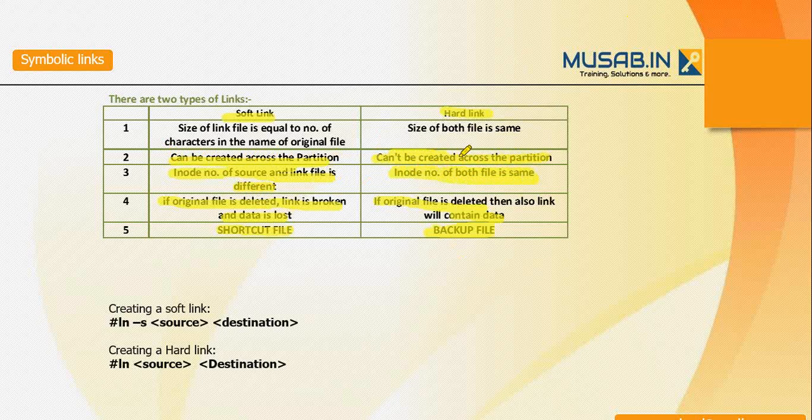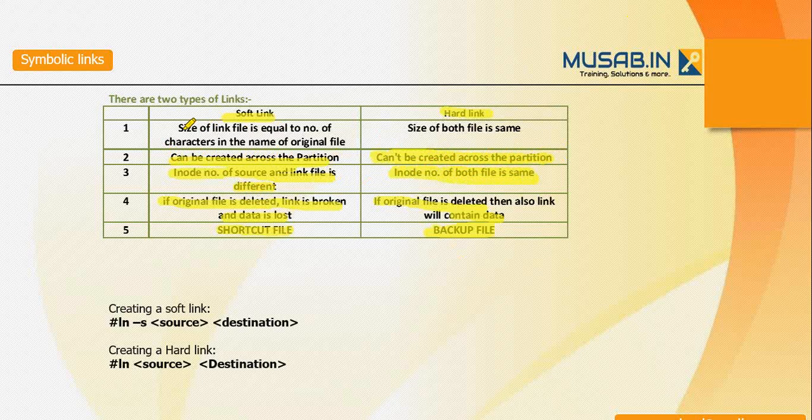If the file is kept in the same partition, then the inode remains the same and they may be able to have a link between them. So basically, hard link cannot be created across partitions, whereas soft link can be created across partitions.